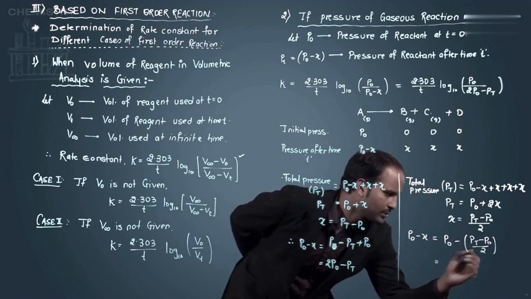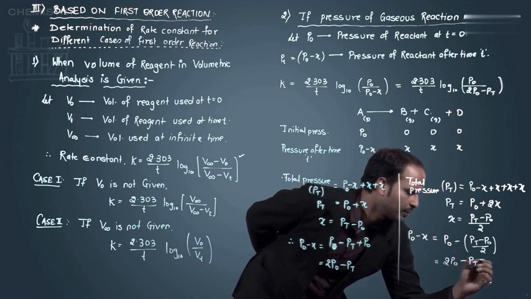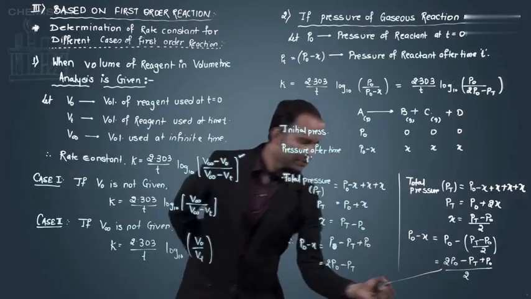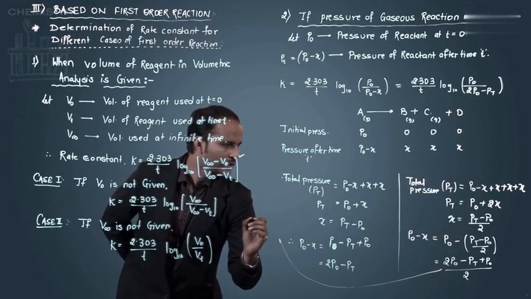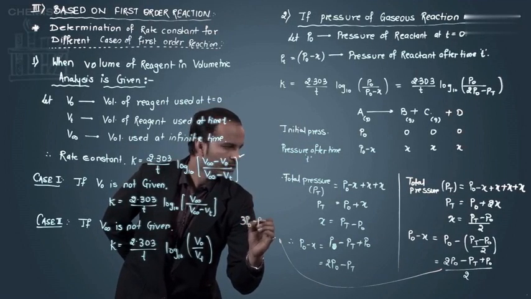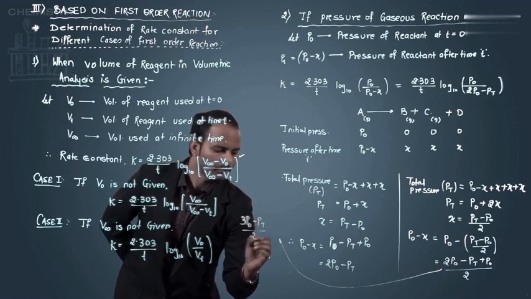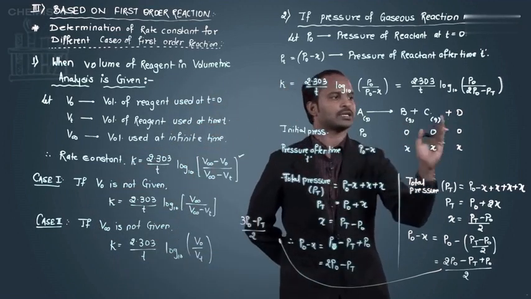Let me open the bracket, so it will become (2P naught minus PT plus P naught) whole upon 2. This value will become 2P naught plus P naught is 3P naught, minus PT, upon 2.